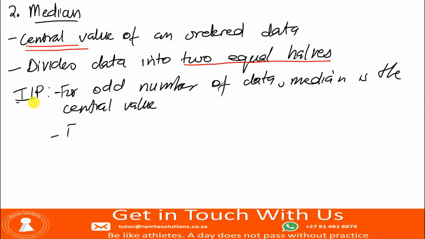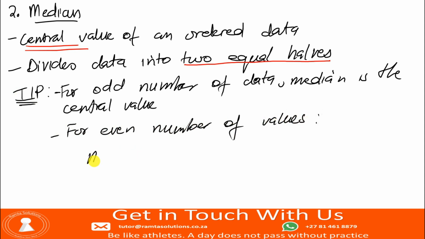Now, for an even number of values, do the following. Your median will be the average of the value on the left and the value on the right. What I mean is this. Say you have 1, 2, 3, 4.